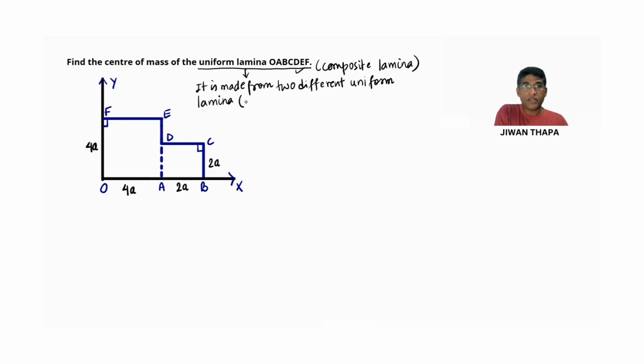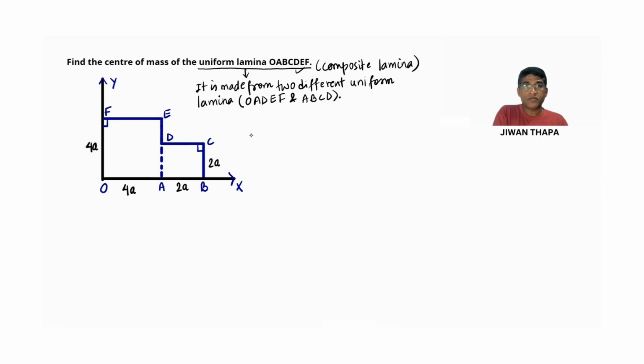So I'm writing in this way: it is made from two different uniform lamina. One is O, A, D, E, F, and another is A, B, C, D.